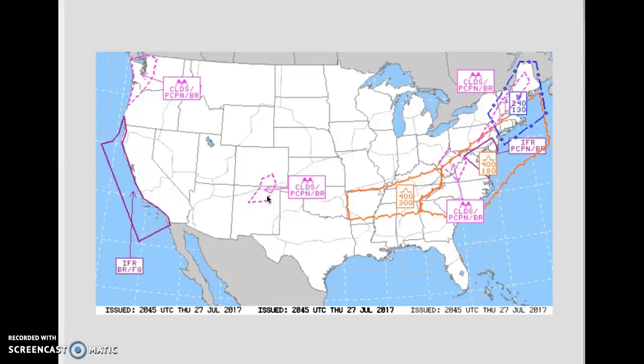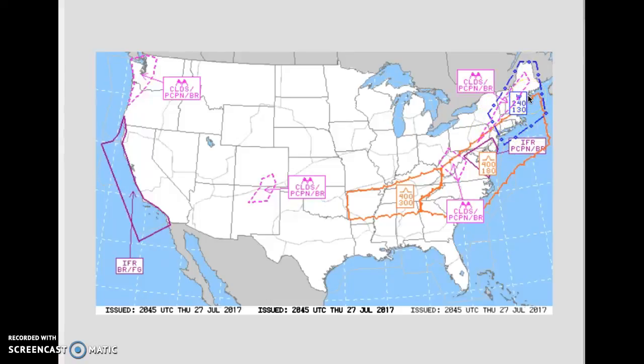The Vermont, New Hampshire, Maine, Massachusetts, between 13,000 to 24,000 MSL, we do see freezing level there, icing there, I'm sorry.